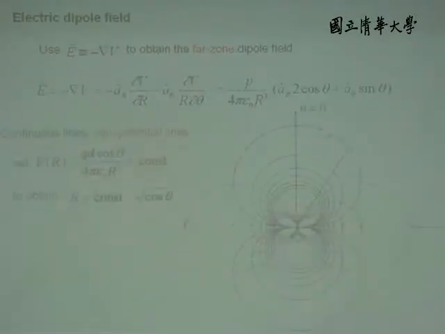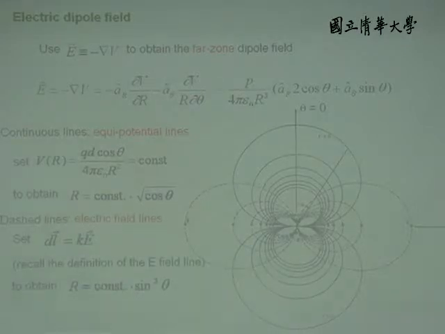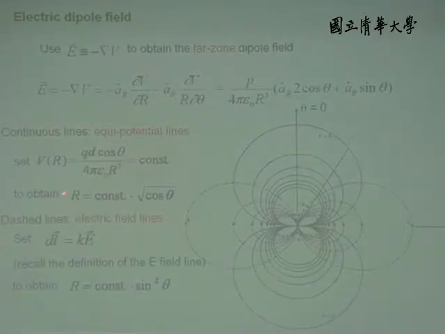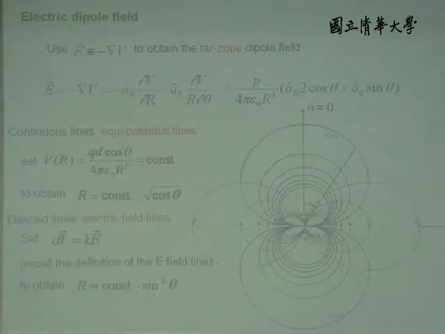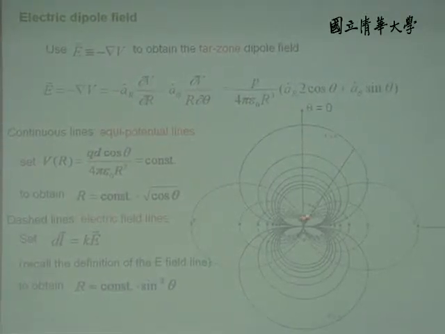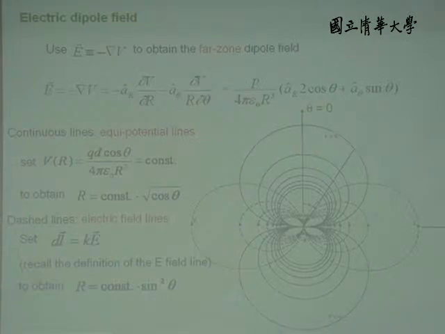This means that when you draw this surface and set this equal to a constant, when r approaches this region, it is actually not accurate. You cannot just use this expression to plot the field in this region, because you have one assumption that r is much larger than d. d is the distance from this charge to this charge. So near here, if you use this expression and this expression to draw, it will not be accurate. You must use your physical concepts to draw it. These expressions are only valid when r is much larger than d.